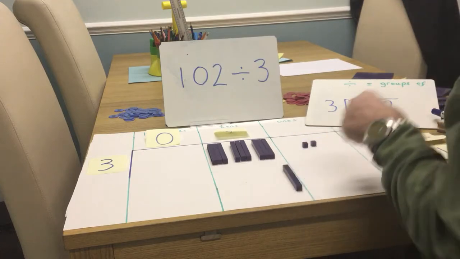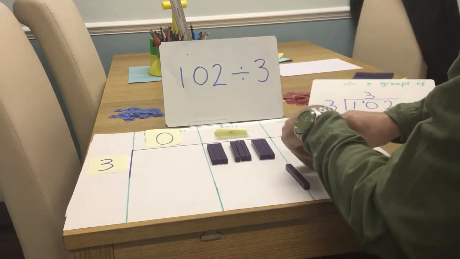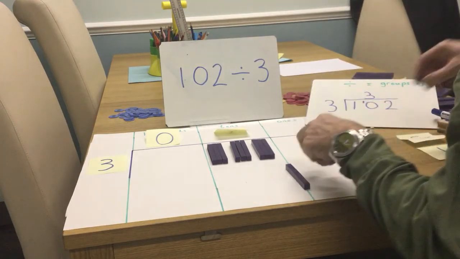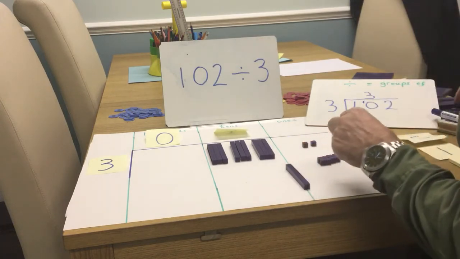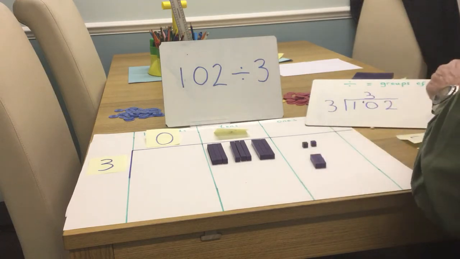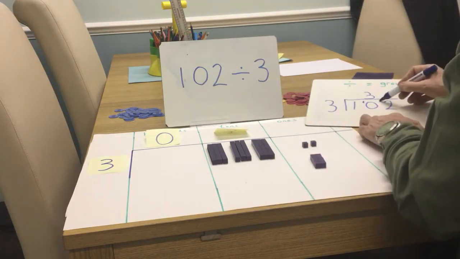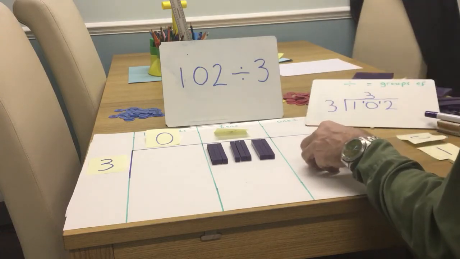And I've now got to exchange that 1 ten for 10 ones. So there are the 10 ones, and that looks like 1 there. And now we've got 12 ones. 10 and 2 is 12.